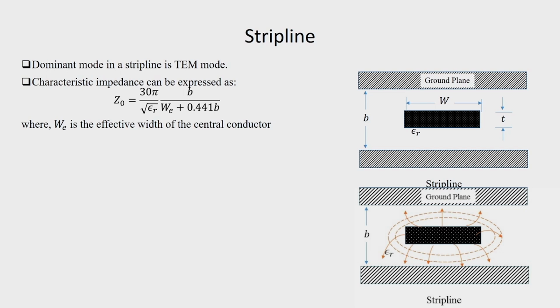Now, this W e is the effective width of the central conductor, and we need to take into account the effective width because of the fringing of fields.